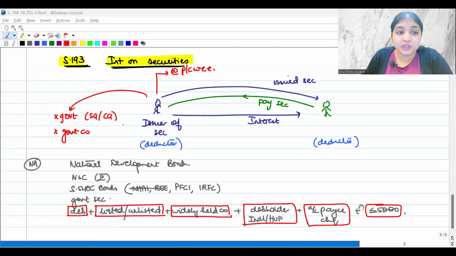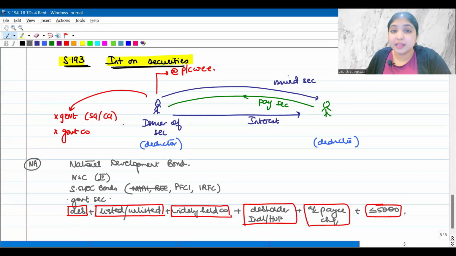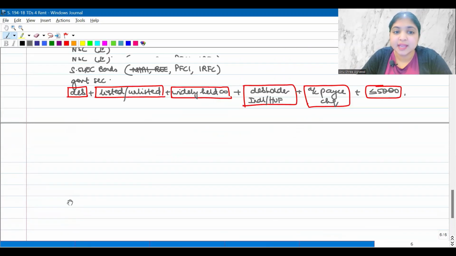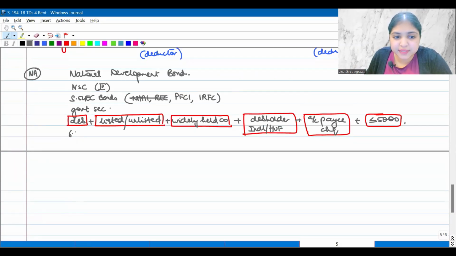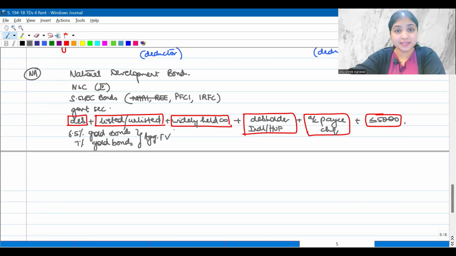Okay, then listen to the next point, one final point. If the securities happen to be either 6.5% gold bonds or 7% gold bonds, in such a way that the aggregate face value of these bonds held by the security holder should be within 10,000, then there is no TDS.